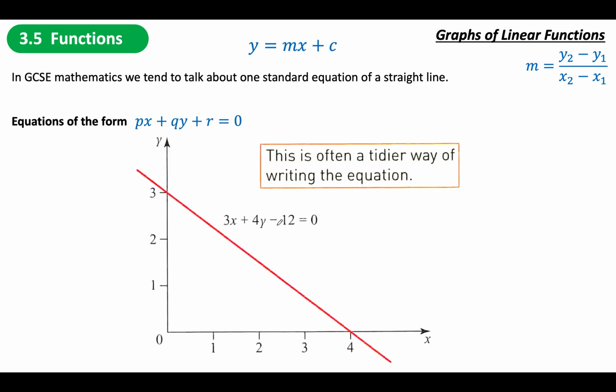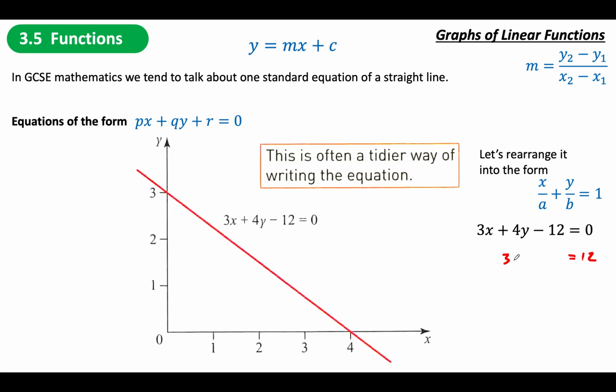Right, 3x plus 4y minus 12. Let's rearrange it into this form, just to highlight something. So we've now got x divided by something plus y divided by something equals 1. So this is my equation, and first we're going to add 12 to both sides. All I'm doing is showing you a feature of this particular format. Then we want the right-hand side to be 1, so we're going to divide by 12.